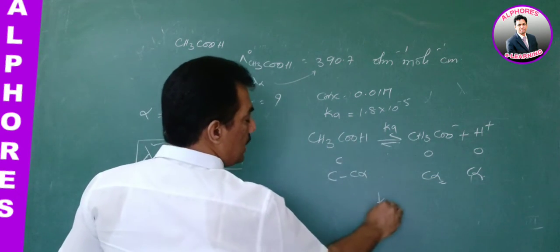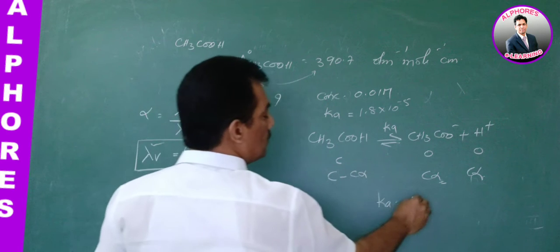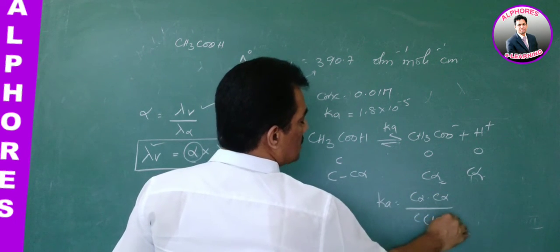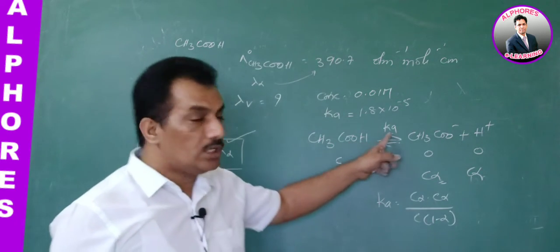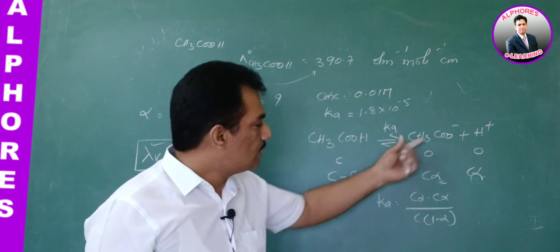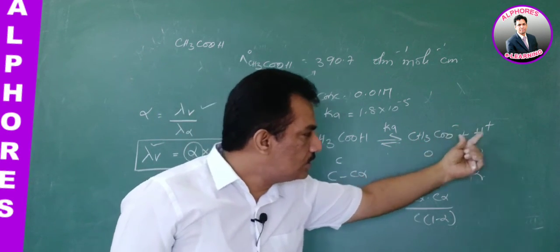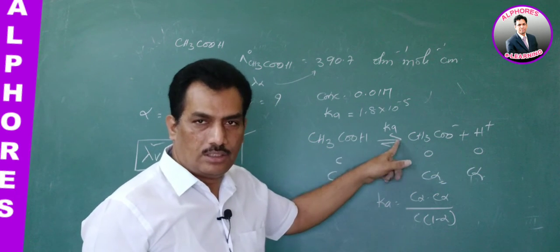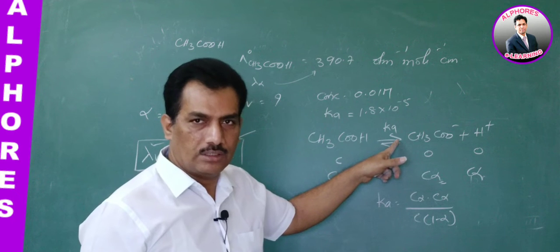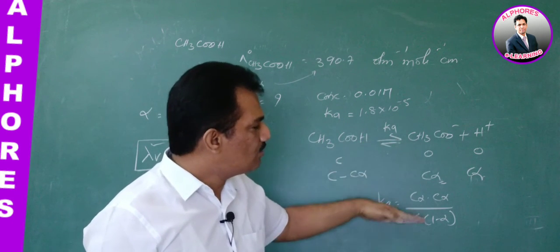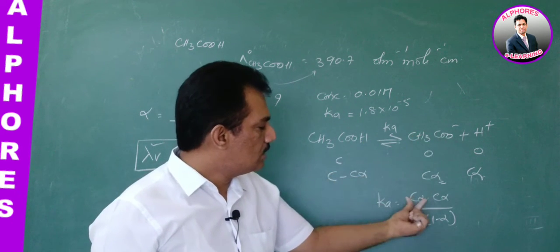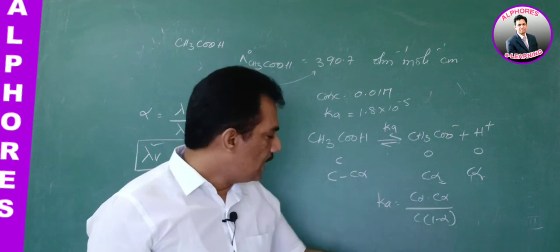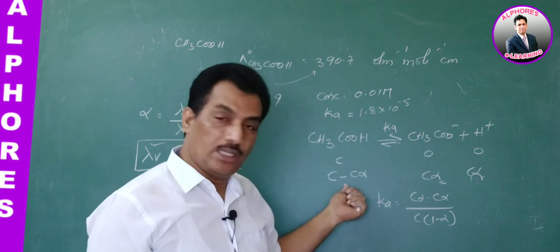From this Ka, the dissociation constant is C alpha into C alpha by C into 1 minus alpha. This is the equilibrium constant: the CH3COO minus ion concentration into the H plus ion concentration by the CH3COOH concentration at equilibrium.